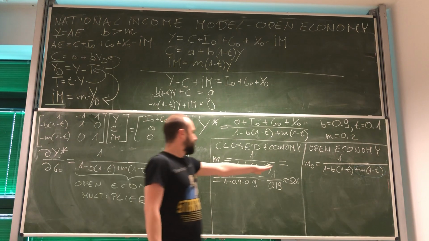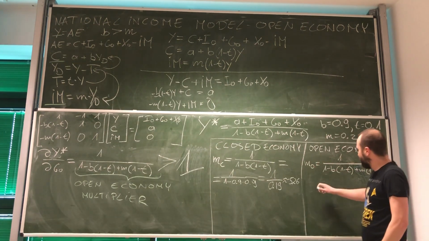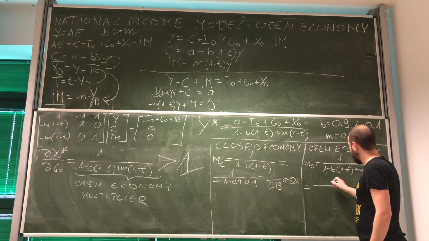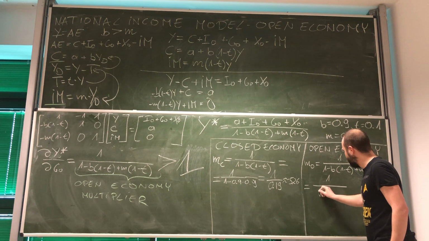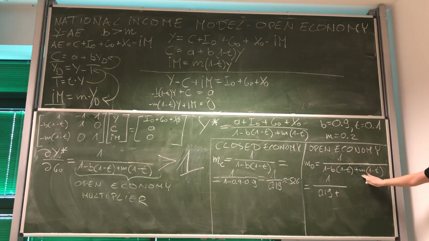Okay, now let's calculate the same thing over here. What do we get? Well, this part will be the same, right? We have 1 over 0.19, but here we've got an additional element.